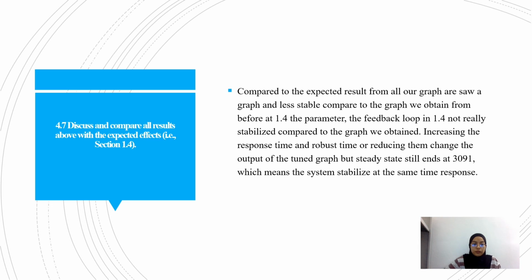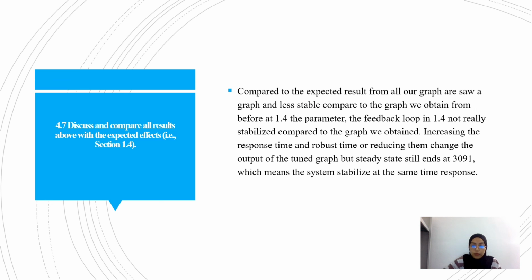So we move to the next slide, which is point 4.7. Discuss and compare all the results above with the expected effect in section 1.4. So all the results are compared to the expected results from our graph, and they are less stable compared to the graph we obtained before at 1.4.